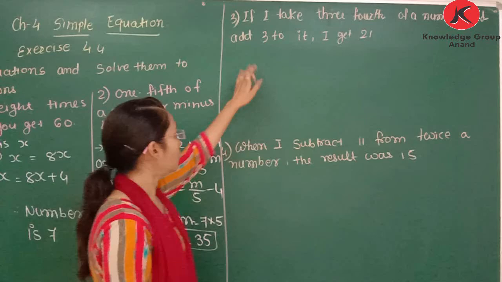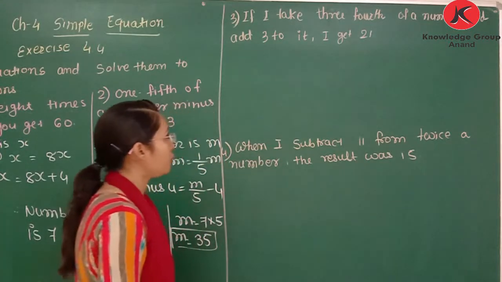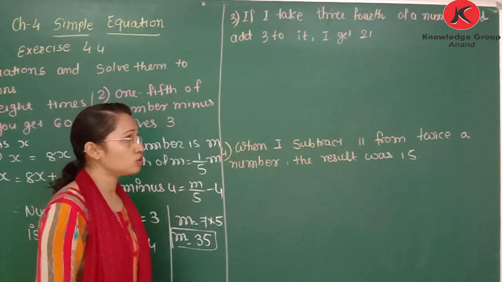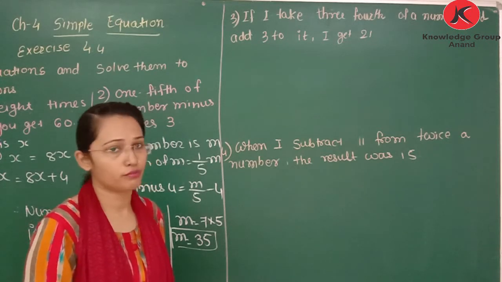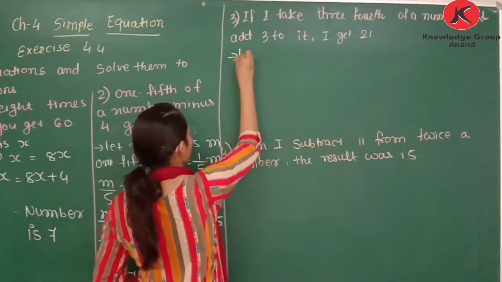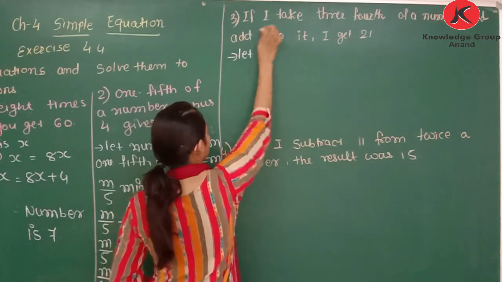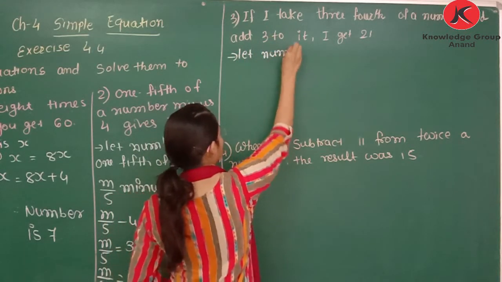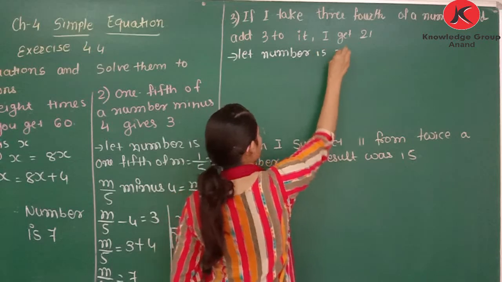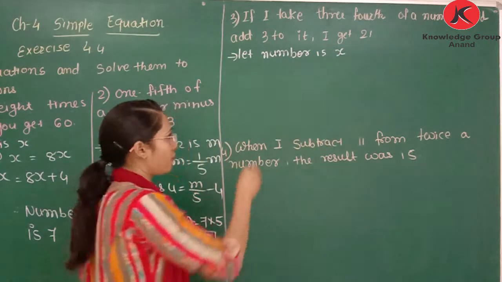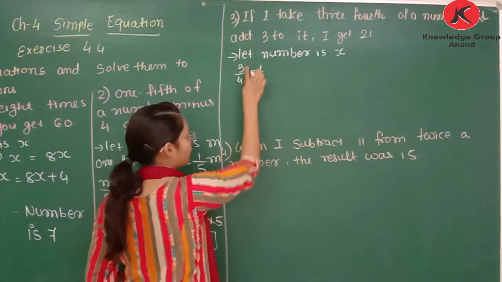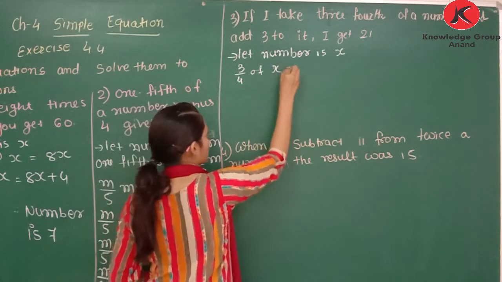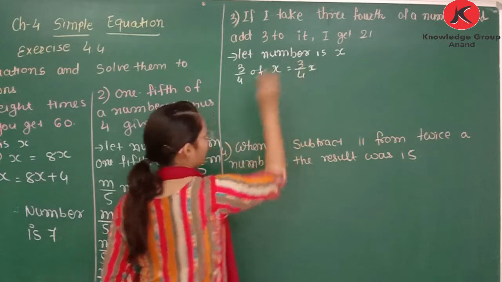Now next, question number 3. If I take 3/4 of a number, 3/4 of number, but which number? We don't know. So let number is x. 3/4 of x. You can take any variable. 3/4 of x is 3 by 4x.